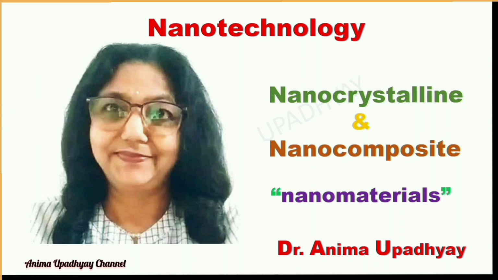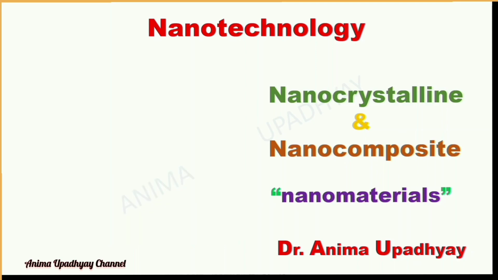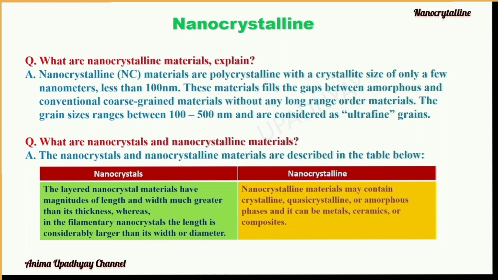So let's begin with the nanocrystalline nanomaterials first, followed by the nanocomposite nanomaterials. What are nanocrystalline materials? The nanocrystalline materials, abbreviated as NC, are polycrystalline with a crystallite size of only a few nanometers.